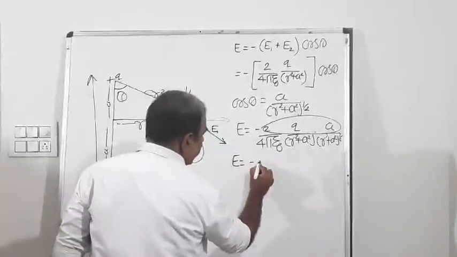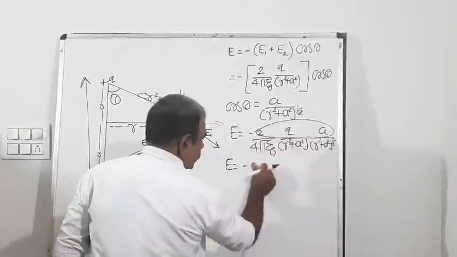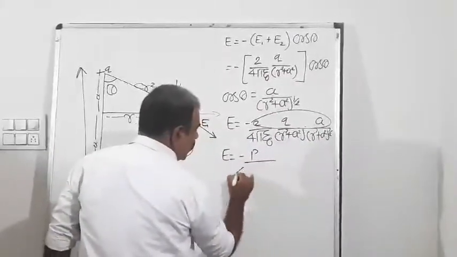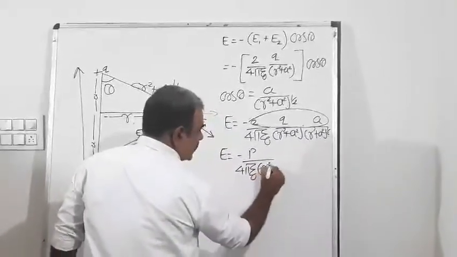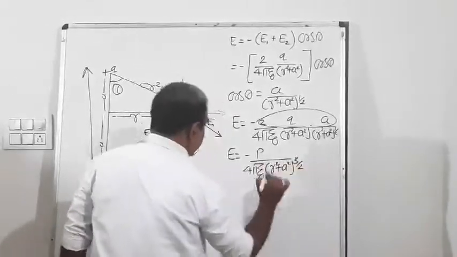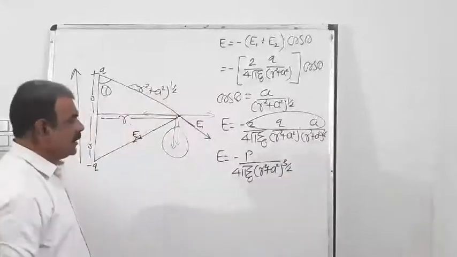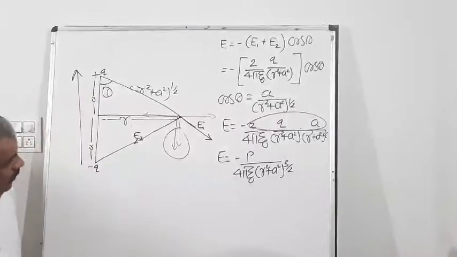E is equal to minus, the 2 is already included in this dipole moment, so P over 4 pi epsilon 0, and it will be r square plus a square raised to power totally 3 by 2, because 1 and a half. This is the electrical field intensity on the equatorial line of the dipole.